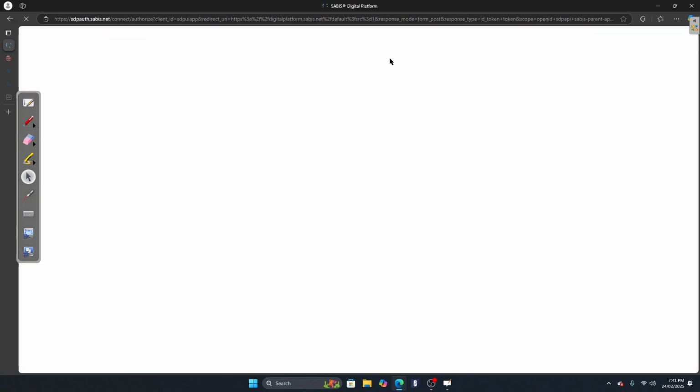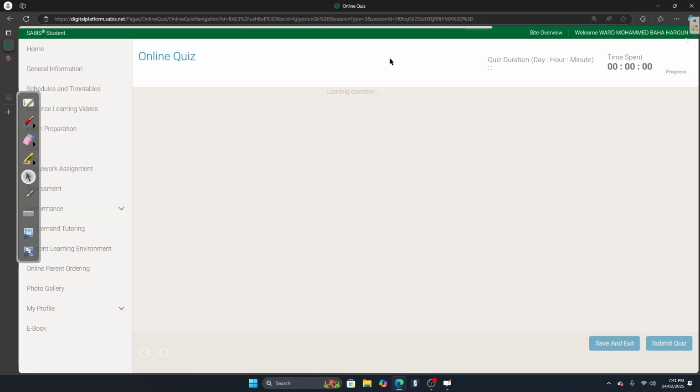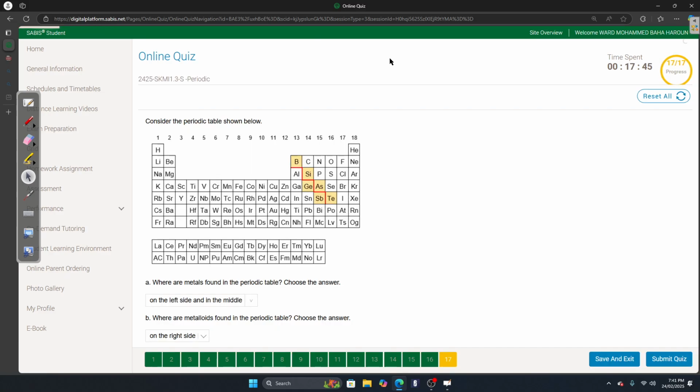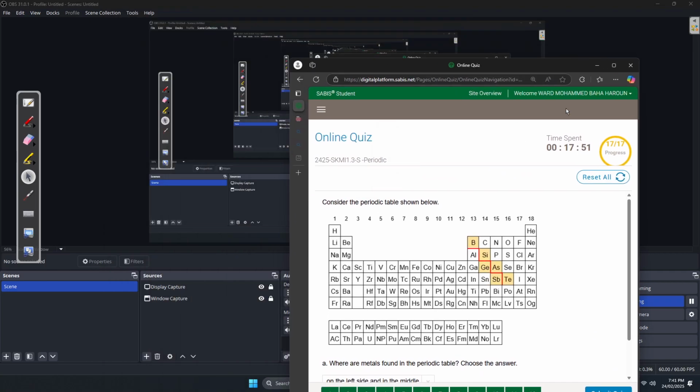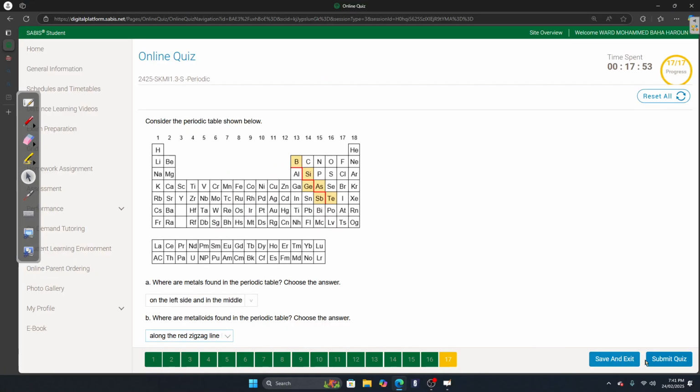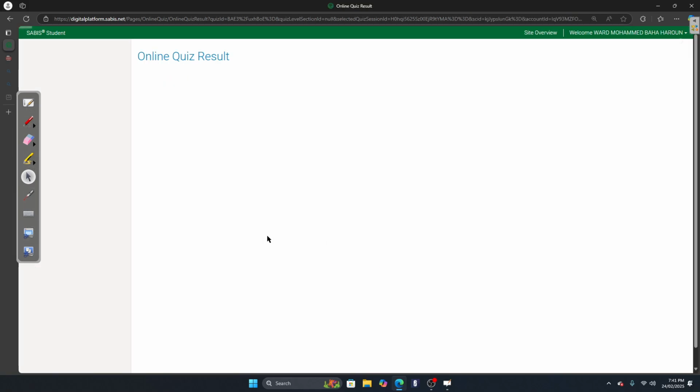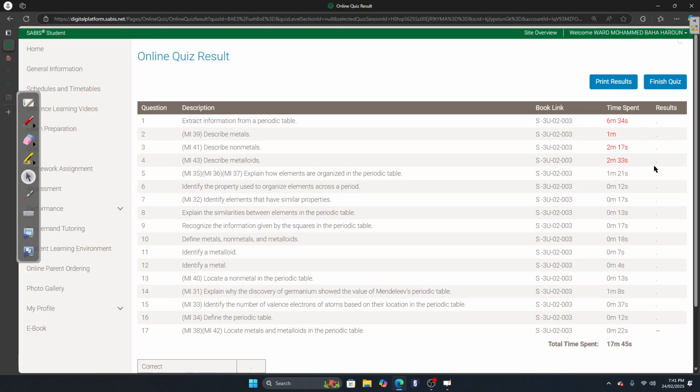Ya Rab. What? Allah. It is on the right side. Okay. Along the red zigzag line. It's still on the right side, but they want us to be specific. I'm gonna count that as right. I don't care. Ya Rab, the last quiz has little questions.